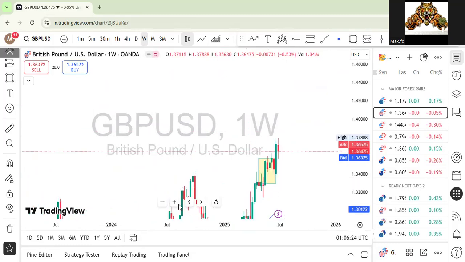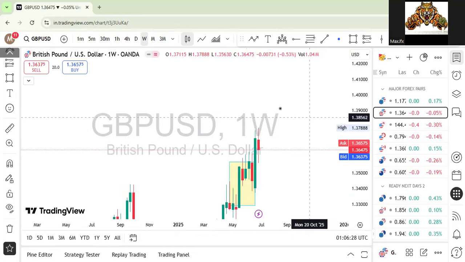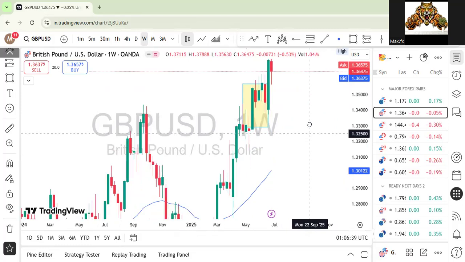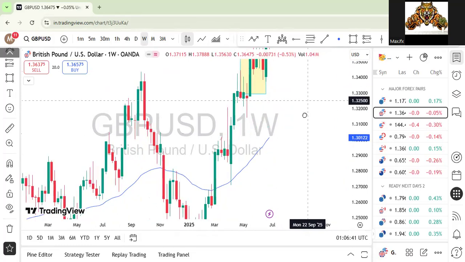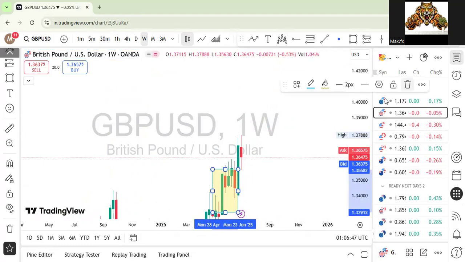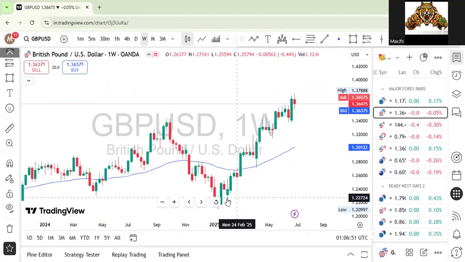Since when you look right here, it did something like a pin bar, something like a doji right here, and then the next candle was a buy. So the next candle was a buy, which means you're also going to anticipate price right here. Because as you can see, that's the trend.